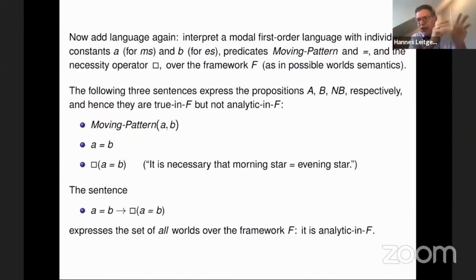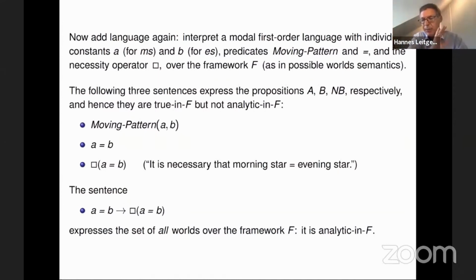We now have logical counterparts of these colloquial sentences in the object language. Okay, they look like this. And they express the propositions that I was referring to on my previous slide. And these sentences are therefore true in the framework, okay, because they're propositions. The propositions expressed by them are true, but they are not analytic in the framework because they rule out certain candidates in our possible worlds.